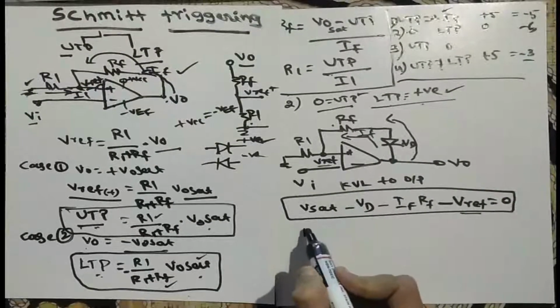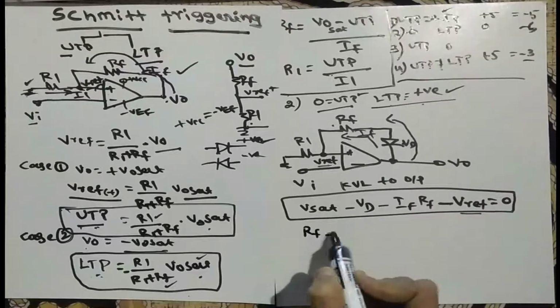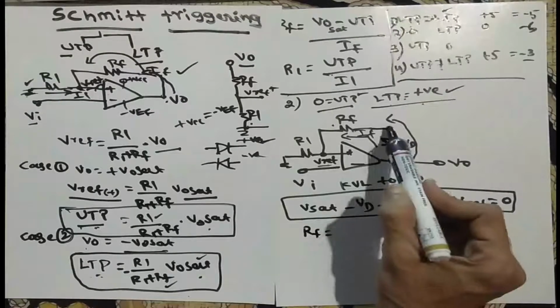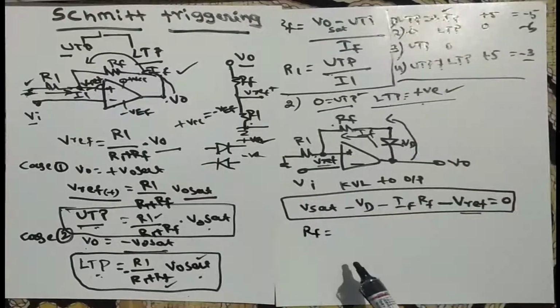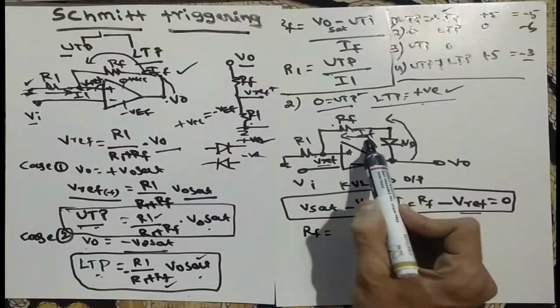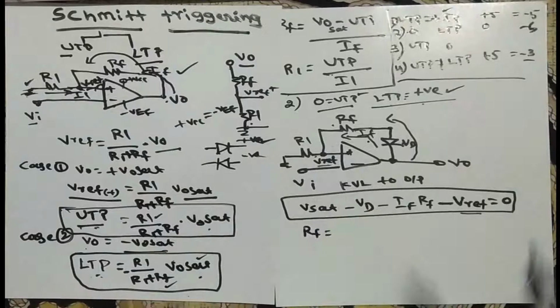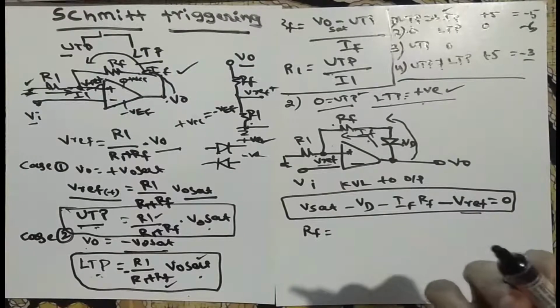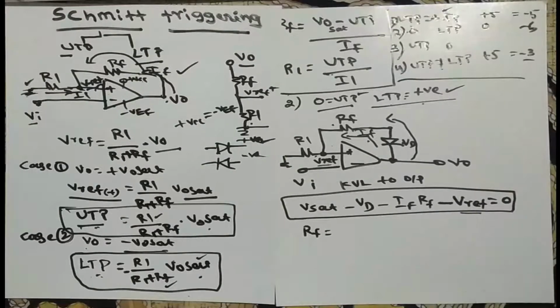So first find out RF. Finding RF is usually very easy because RF is present between these voltages, and from that we can call IF the current, and whatever voltage is present in this portion, we can call VR1 or VF, anything.